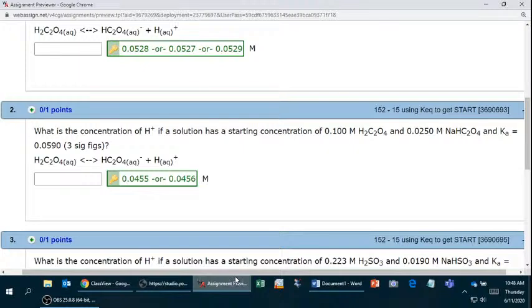Alright, so I'm going to share the desktop with you while I write this problem up on the board. So what is the concentration of H plus if a solution has a starting concentration of 0.1 molar H2C2O4, 0.025 molar NaHC2O4, and the Ka here is 0.0590. So let me get that written up on the board really quick.